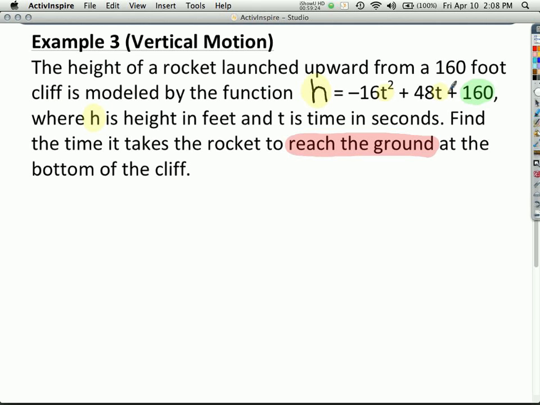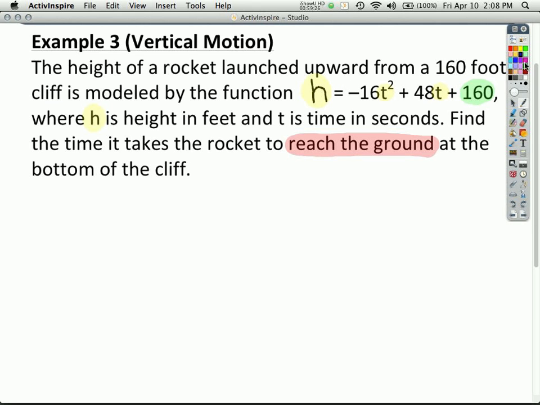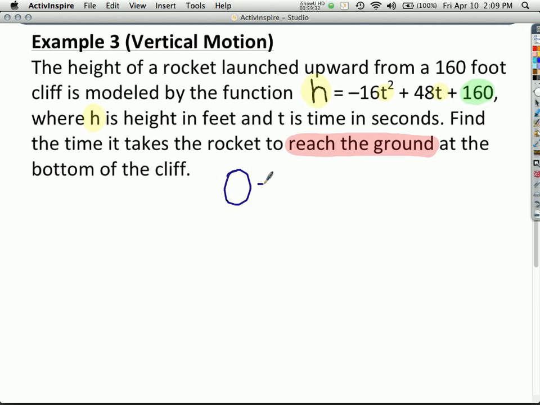So we need to take this and modify it with one little detail. We need to change this. So now we will end up with 0 equals negative 16 t squared plus 48t plus 160. And now we want to solve it.